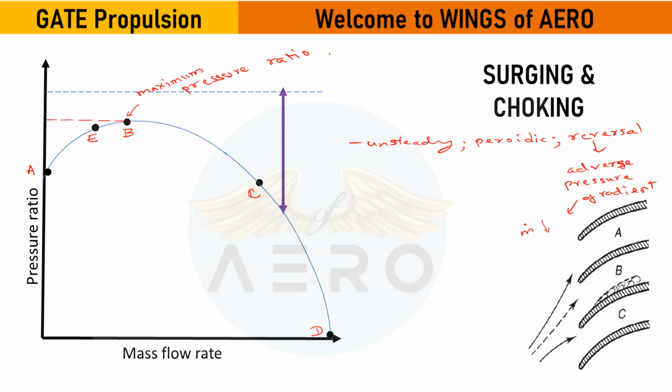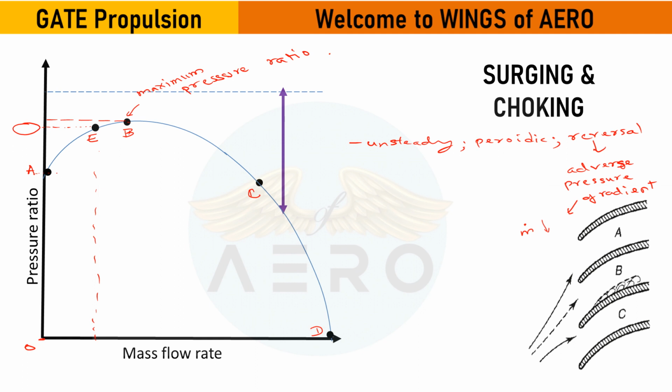Let's start from point A, where the mass flow rate is 0, but still there is some pressure. Now at point E, as compared with point A, there is some increase in mass flow rate, and the pressure is higher than at point A.